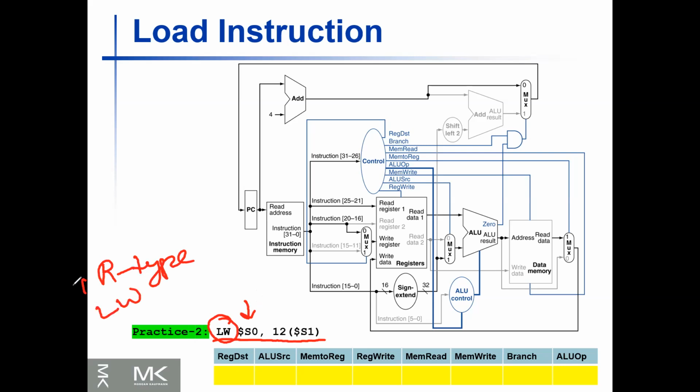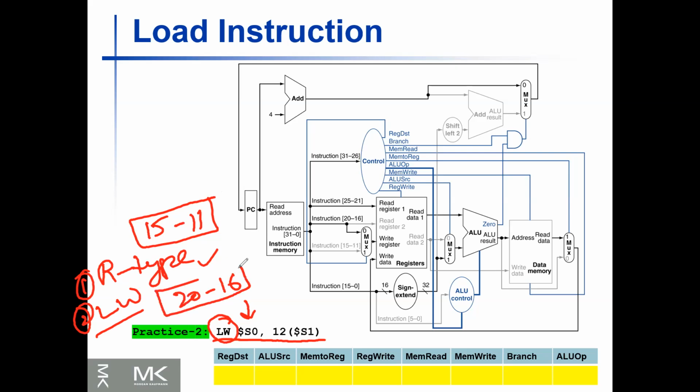So for both we have to write. Now, if it is R type, the bits 11 to 15 will tell the register number in which you have to write. If it is load type, the bits 16 to 20 will tell you which register we have to write. Clear? Yes, clear.